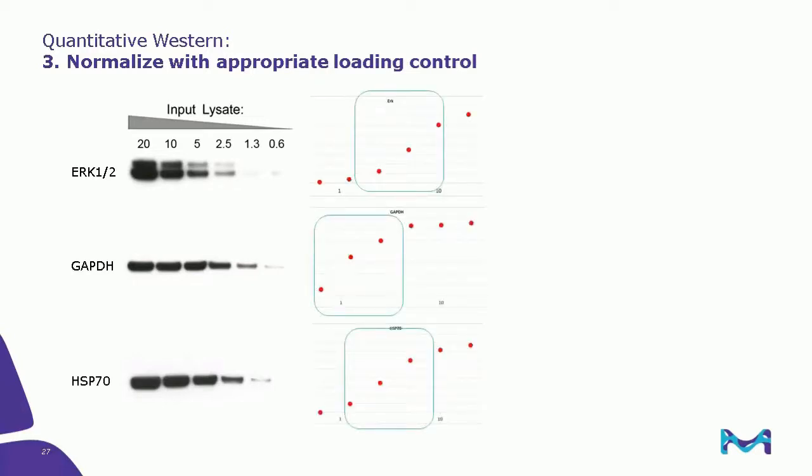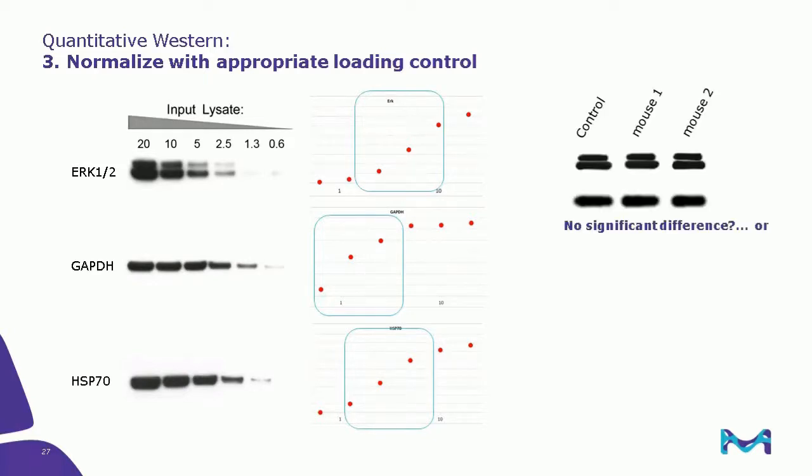Now, these plots show band intensity on the y-axis as a function of input lysate amount. What you see here is that the GAPDH expression level is much higher than ERK in such a way that its linear range differs substantially compared to that of ERK, whereas HSP70 has a linear range that is quite comparable to ERK. What would happen if you are using GAPDH as a normalization control and loading your samples outside of linear range?